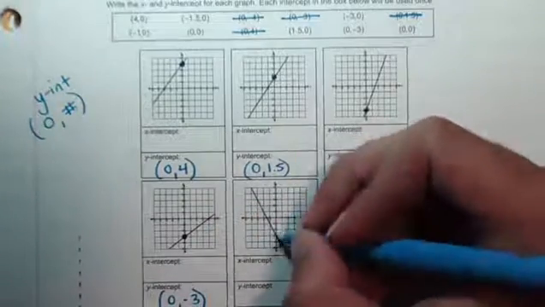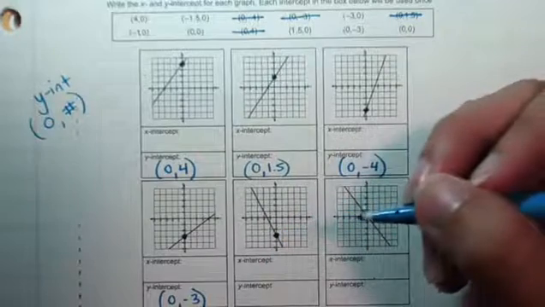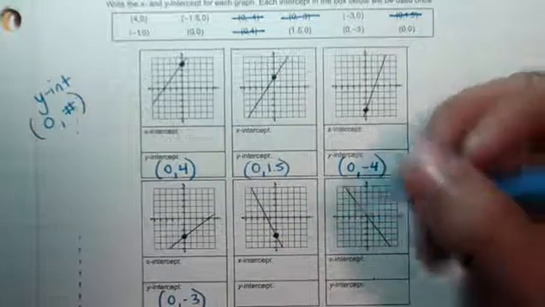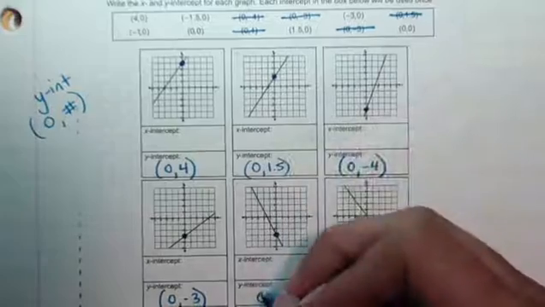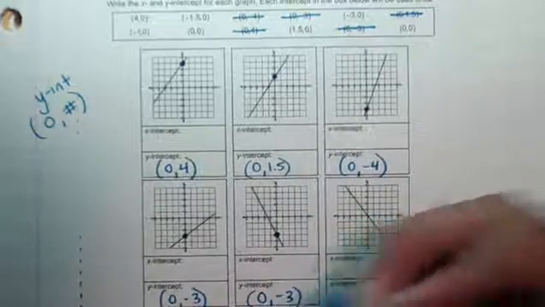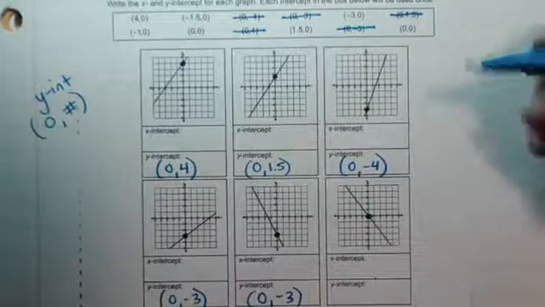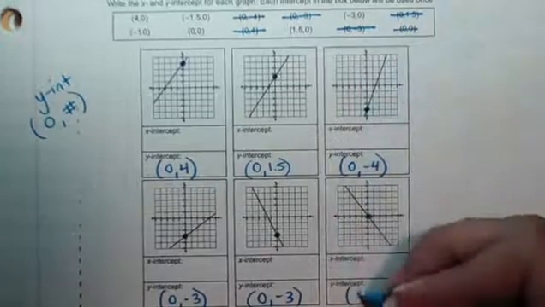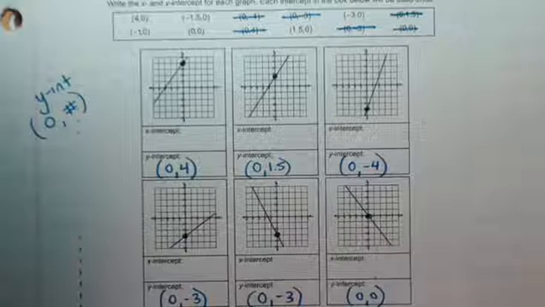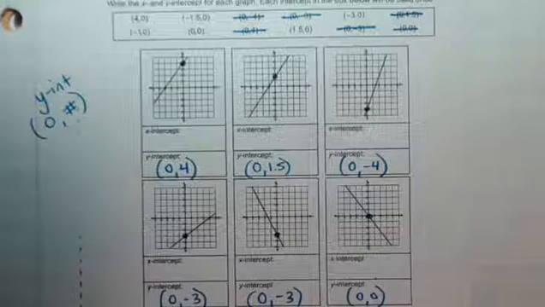This middle bottom one crosses over also at -3. So there's another one, 0, -3. And the last one crosses over through the origin, which would be 0, 0. And that would be the y-intercept. So check those, make sure you have all of those listed. And then we'll talk about the x-intercept.